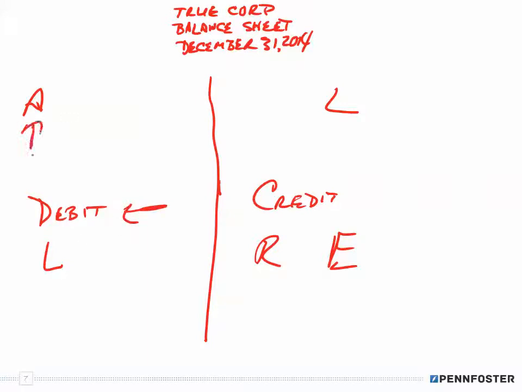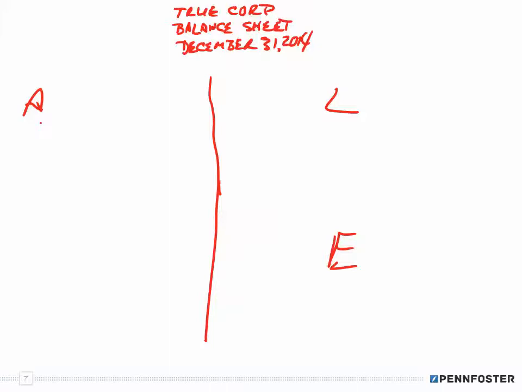It's an asset, and the normal balance of an asset increases on the debit side. The easy way to remember this is, if I have the cash account and I know cash is an asset, because it's on the left-hand side of the accounting equation, I'm going to debit it.